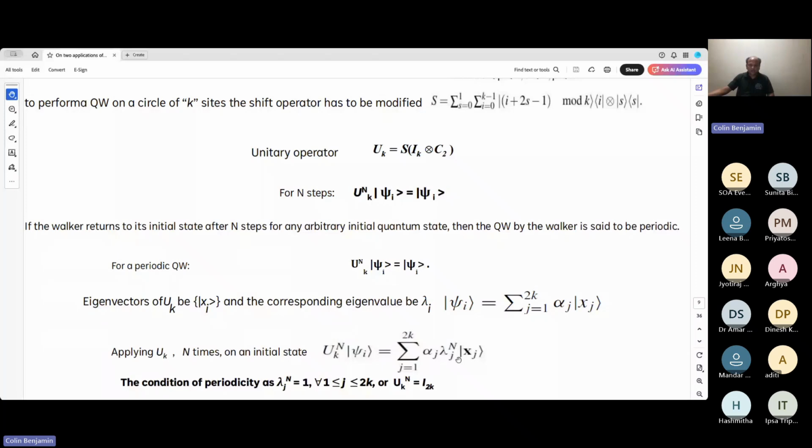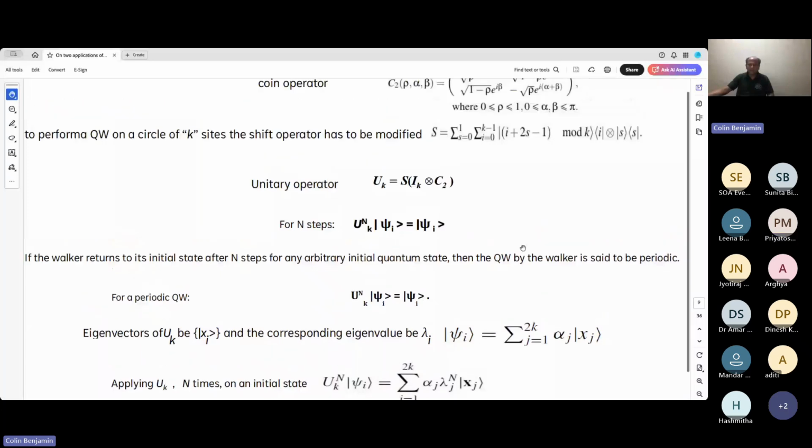Then the condition for periodicity would be lambda j to the power n is one, or the unitary operator is identity. So if I can solve my problem of Uk^n is this identity operator I2k, where I2k is just the identity operator, then I can find the rho and alpha beta values for which this is satisfied.